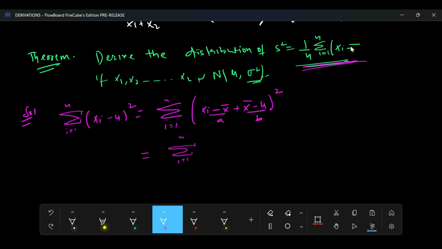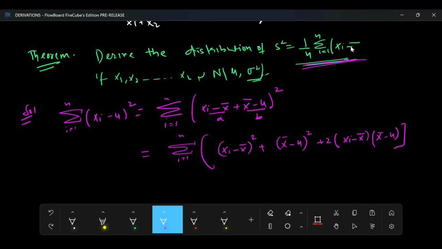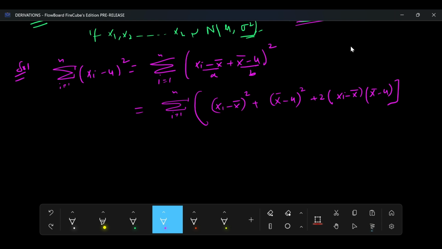This is a square plus b square plus 2ab. Clear? 2ab.